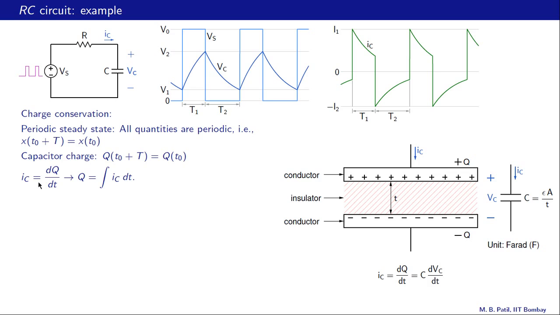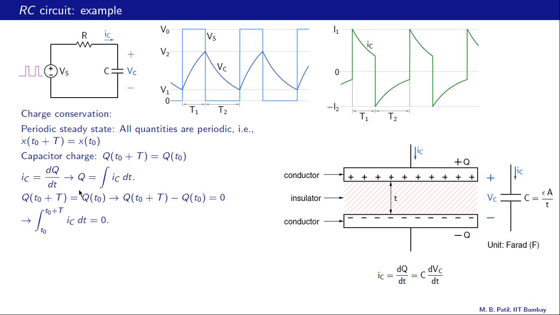Alright. Now since IC is dq/dt, we can write q as integral IC dt, and let us see what this implies. Now this equation can be rewritten as q at t0 plus T minus q at t0 equal to 0.